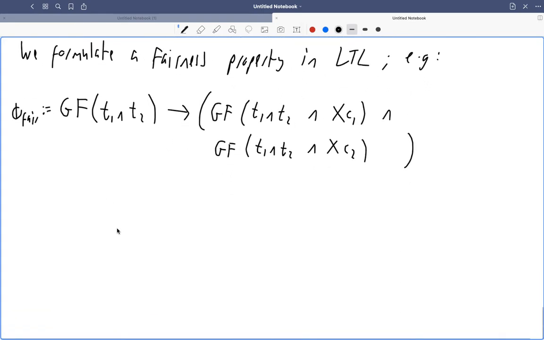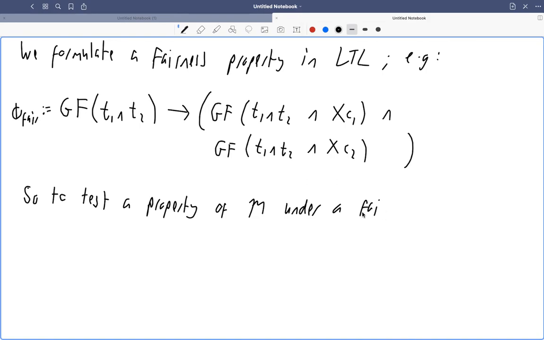So to test a property of M under a fairness assumption, let's call it our fairness assumption, because it's the one we've chosen.